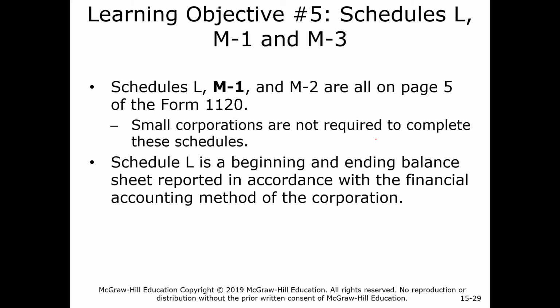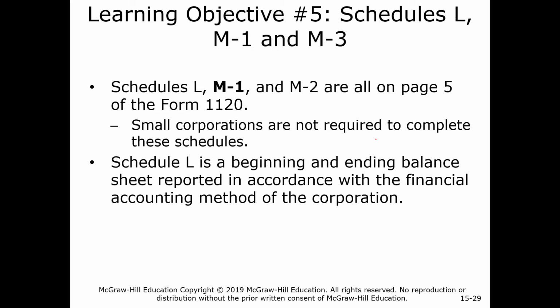So not much there. The M2 is basically your retained earnings, the equity, beginning with the carryover from the previous year, adding the net income from the current year, and subtracting any distributions to shareholders.